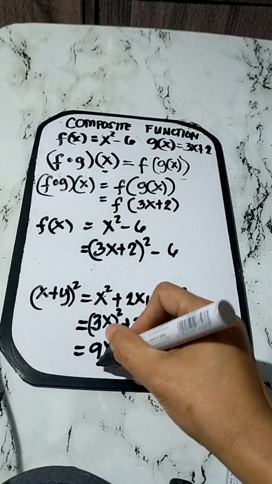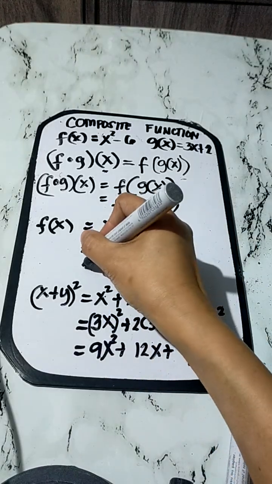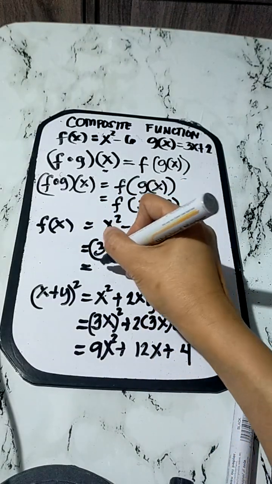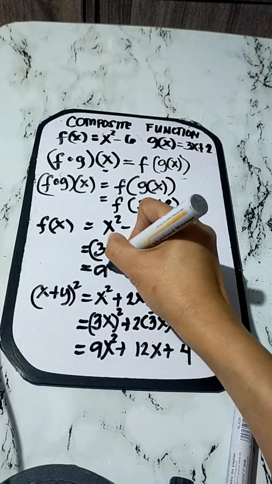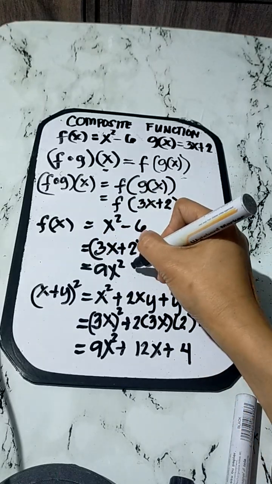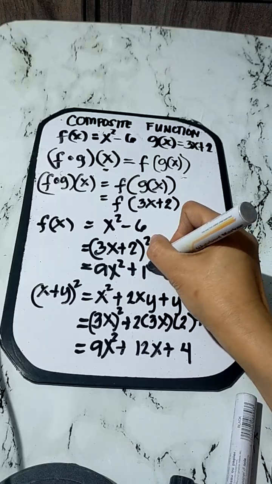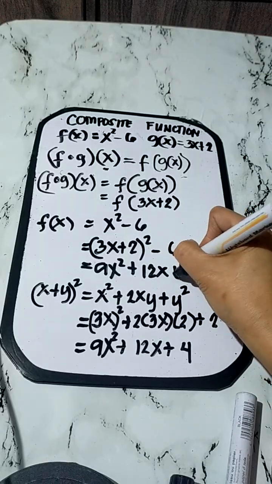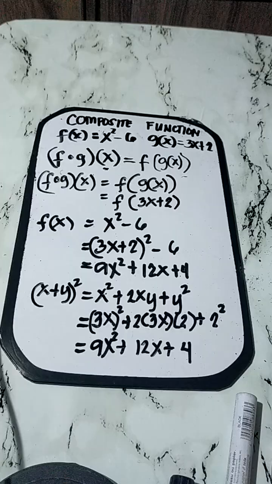This is our final answer here: 9x squared plus 12x plus 4.